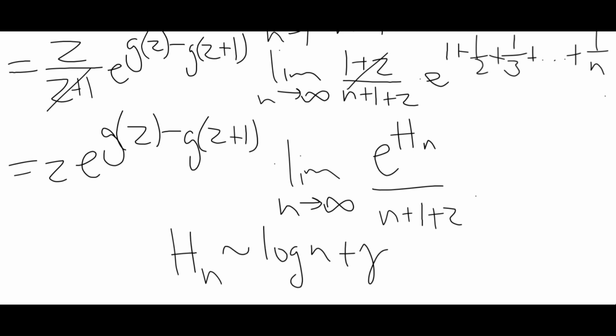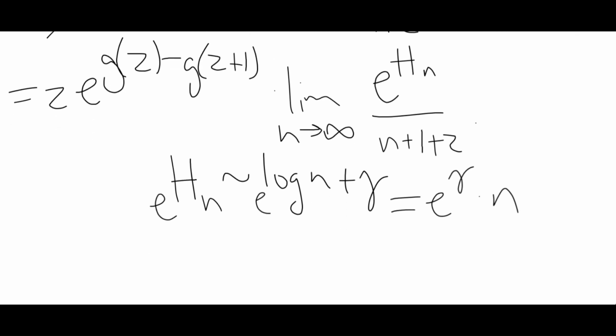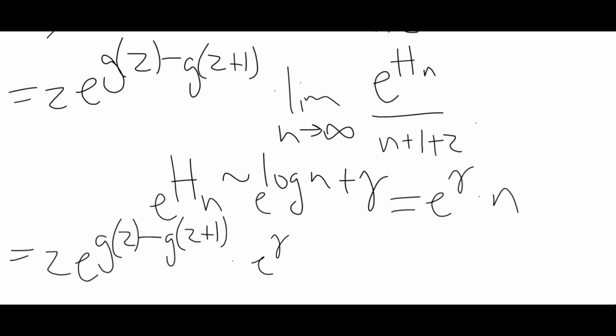So when we exponentiate, we get e to the gamma times n. So in the limit, the n and the n plus 1 plus z cancel, and I get just e to the gamma. Okay, so after all that, we get z e to the g of z minus g of z plus 1 times e to the gamma.